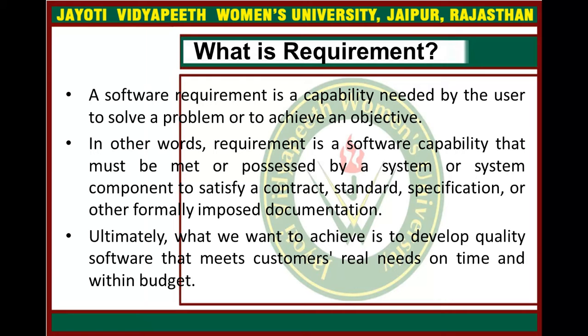Ultimately, what we want to achieve is to develop quality software that meets the customer's real needs on time and within budget. The requirement is exactly the demand, and on the basis of the demand we have to fulfill the requirement. So knowing what exactly the demand is, is the important thing.